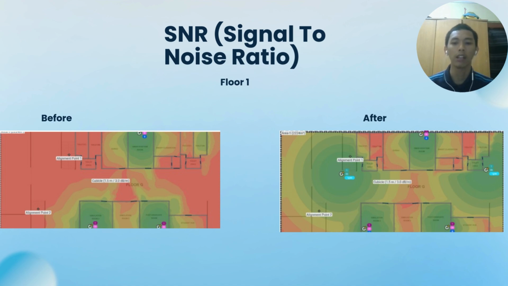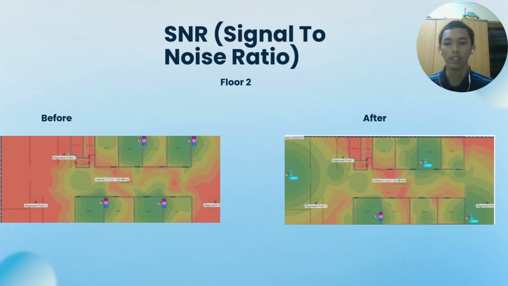This was caused by interference from overlapping Wi-Fi channels and electronic devices. After the optimization, we improved the channel management and reduced the transmission overlap, increasing the SNR value across the floor, resulting in reliable and interference-free connectivity.